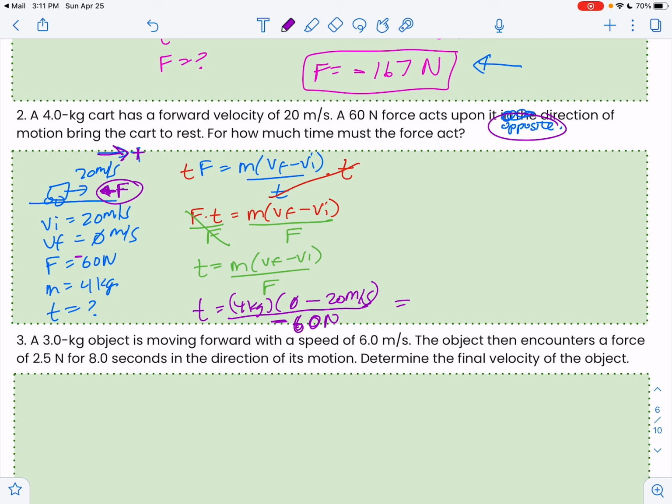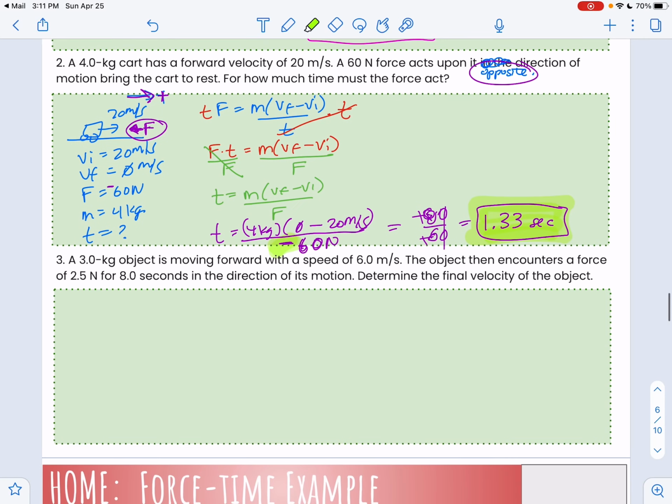So that's going to be 4 times negative 20, so negative 80 over negative 60, which is 8/6, or like 1 and 1/3. So 1.33 seconds, because it's time. Your time has to be positive. If it doesn't come out positive, you probably missed this negative right there, so go back and fix that.